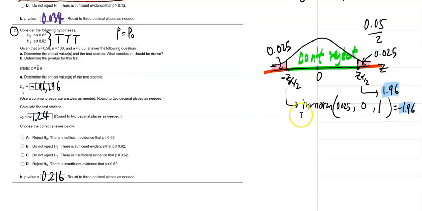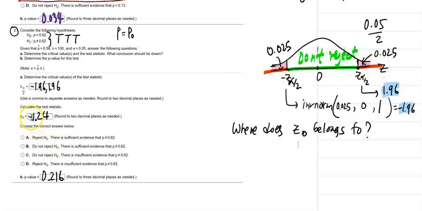So let's see, where is that test statistic? Where does z0 belong? Is z0 in the green region or the red region?